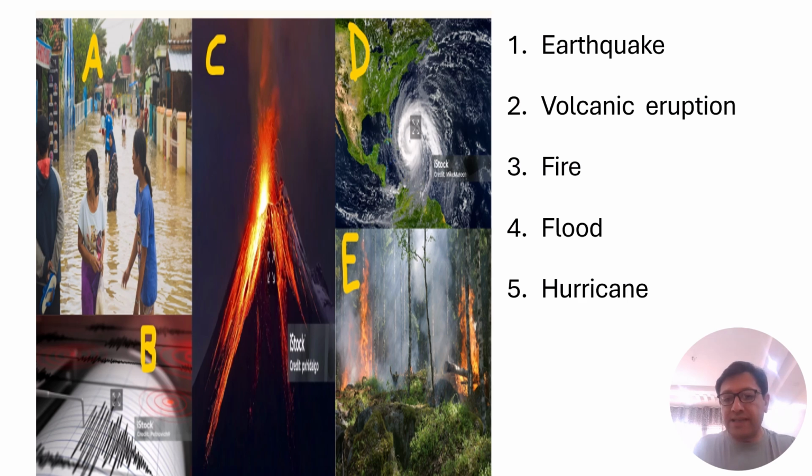Yes, exactly. Bandar said it. So it's A, which is flood. And the last one, number 5, is hurricane. Yeah, and actually that's D. Absolutely. So these are the different natural disasters that we are going to use in our lesson today.